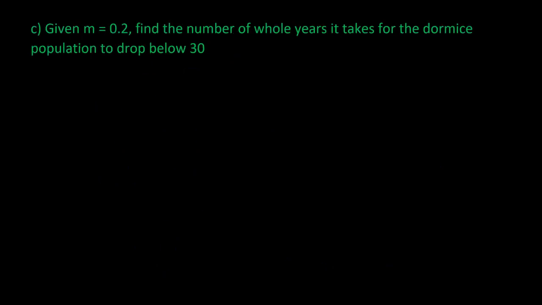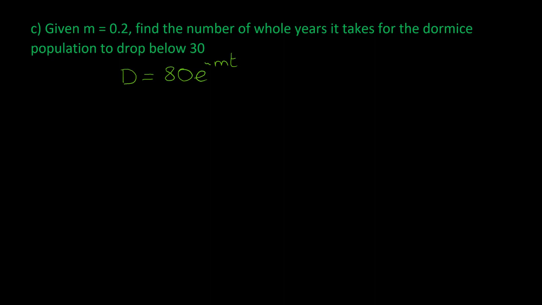So third part of this question, we're going to need what we've worked out so far. So I'm going to just copy that in. So we just found out that d was equal to 80 e to the minus mt. In this section we've been told that m equals 0.2, and we've got to find the number of whole years that it takes for the dormice population to drop below 30.